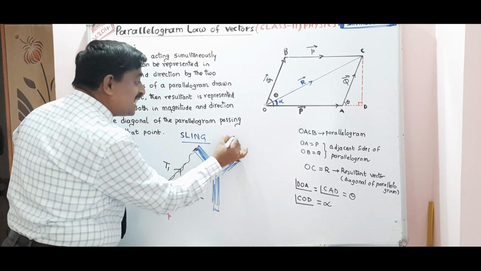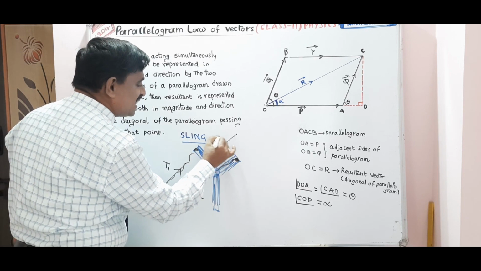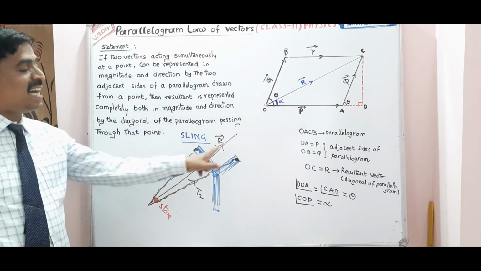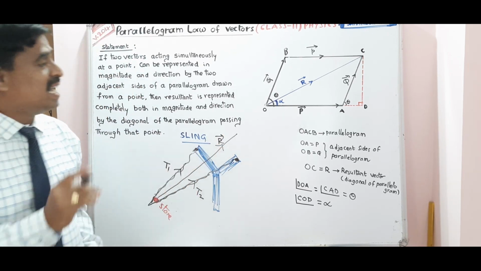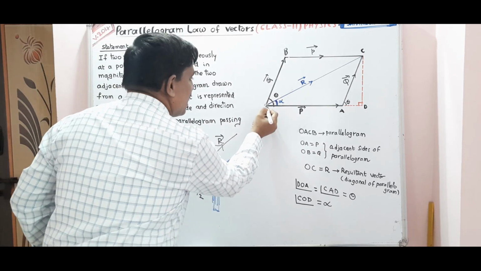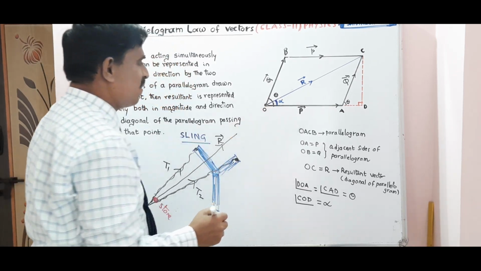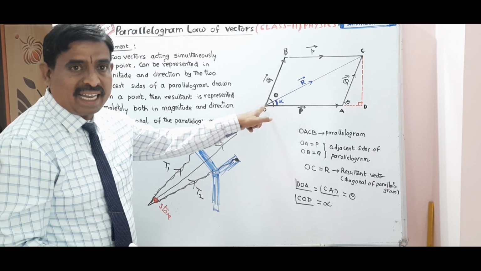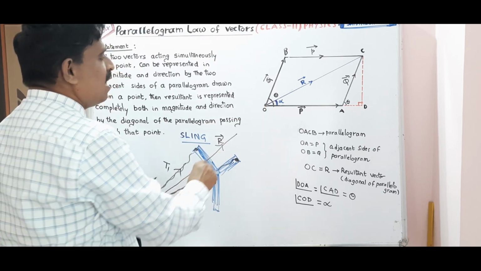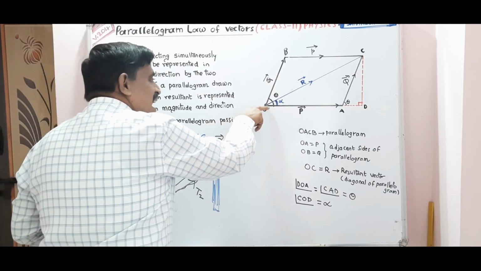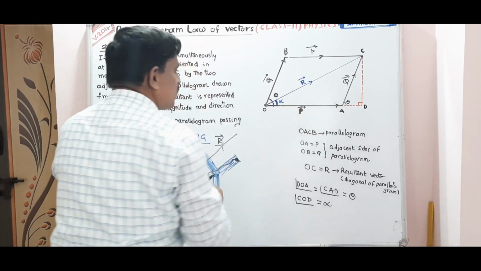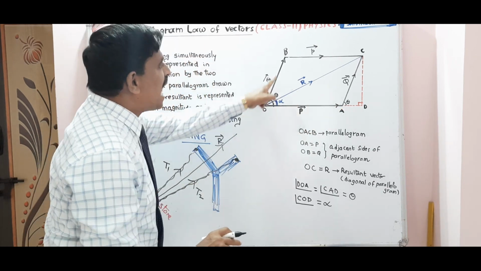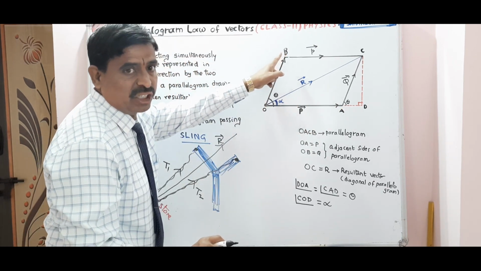This is the resultant. Similarly, here there is one particle. On this particle, one vector is acting along the OA direction, and another vector is acting along the OB direction.